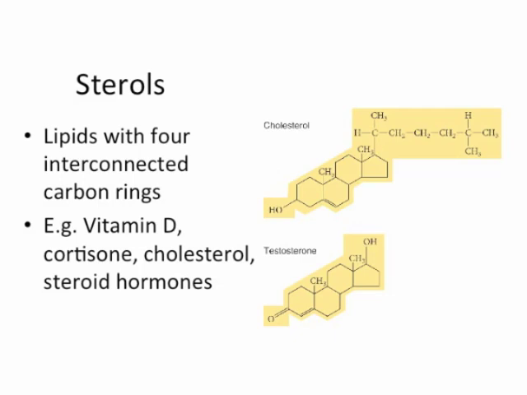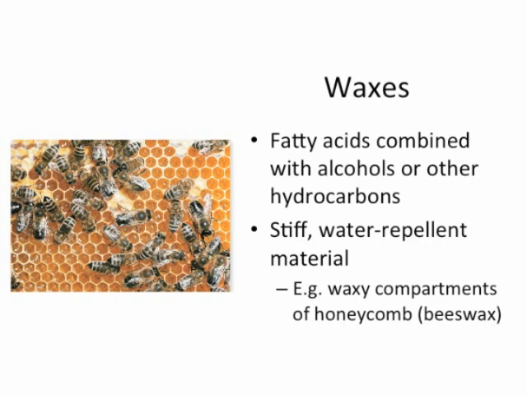Other things that your book mentions about lipids that are pretty important. Waxes are another type of lipid. Waxes are fatty acids combined with alcohols or other hydrocarbons, and they create this stiff water-repellent material. So the waxy compartments of honeycomb or beeswax are this, and they have lots of roles.